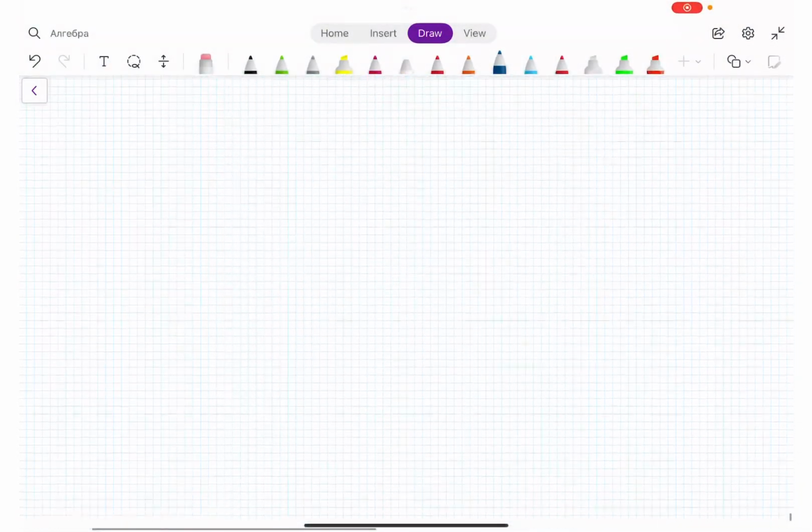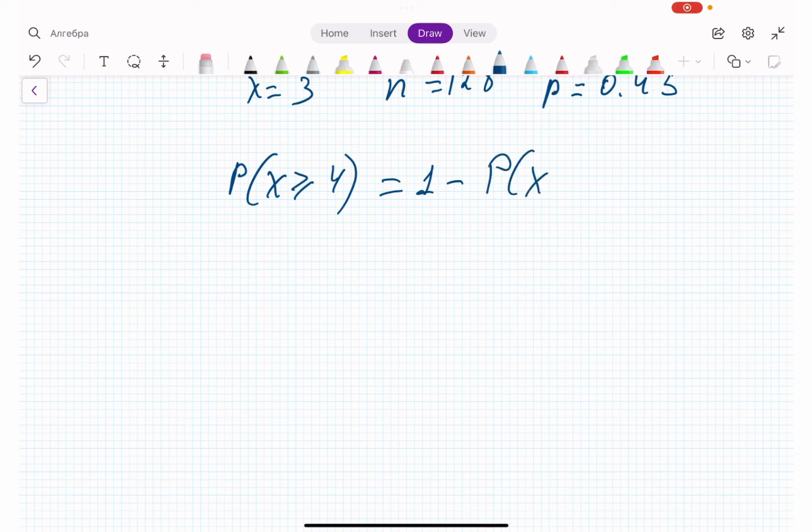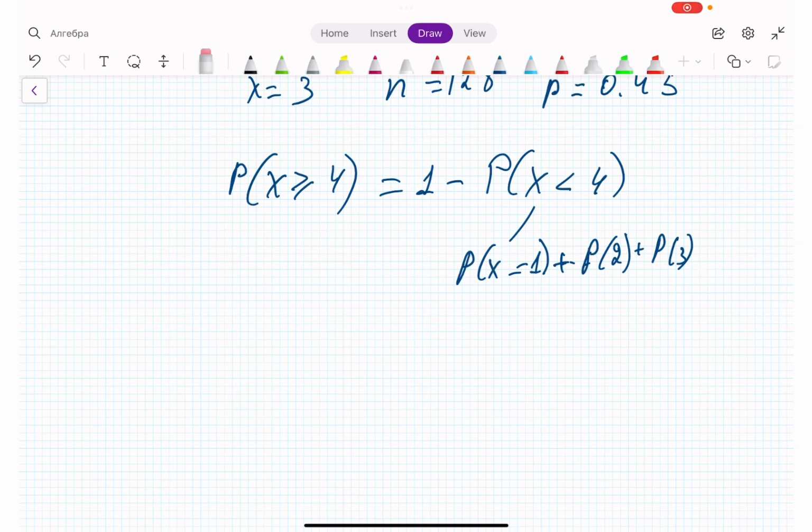So probability for x greater or equal 4, I'm going to take 1 minus probability for x less than 4, which is probability of x equal 0, all the way add probability of 1, probability of 2, probability of 3. That's what it's going to be, right? And that would be less than 4. So, okay, let's do it.